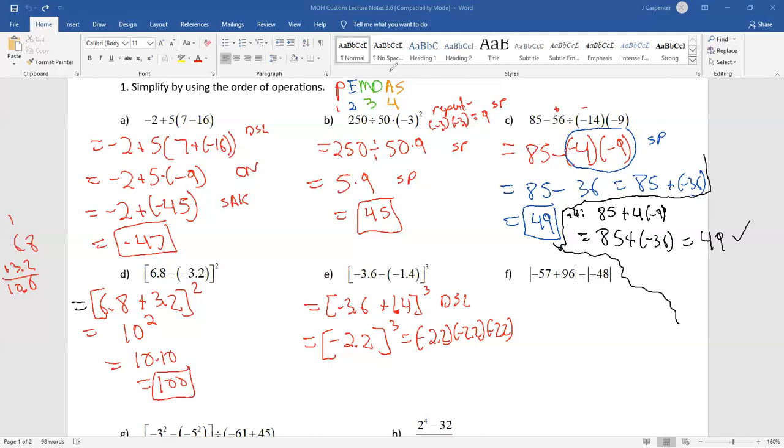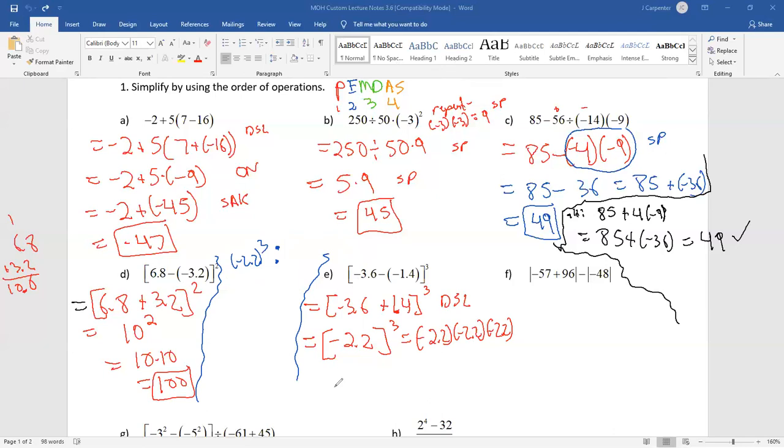And let me give myself some room to show that. Here's my negative 2.2 cubed. So let's just account for the first pair, the negative 2.2 times the negative 2.2.